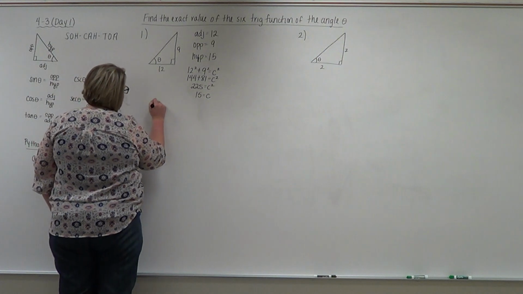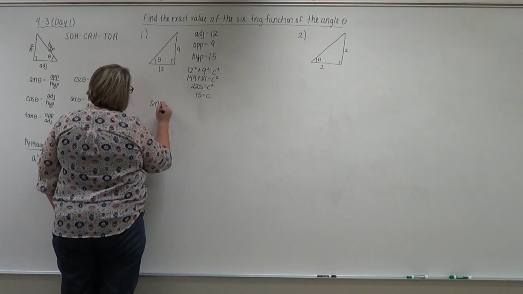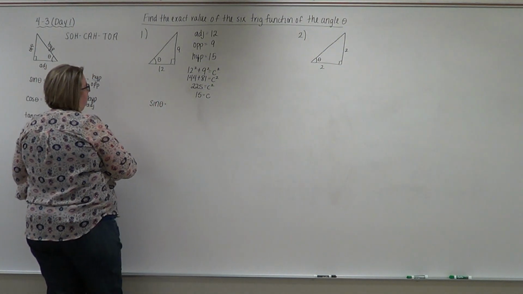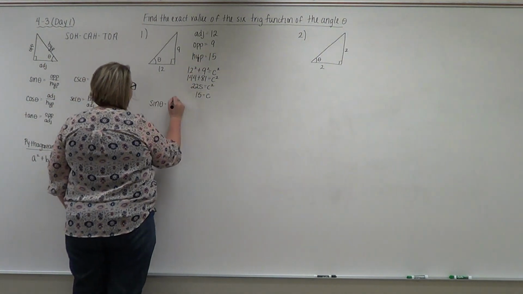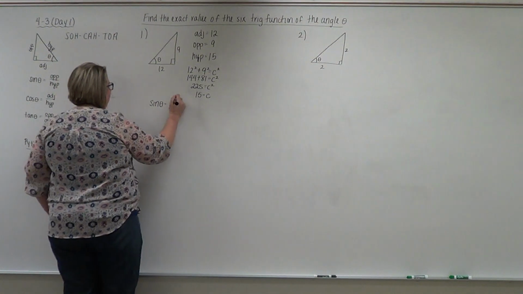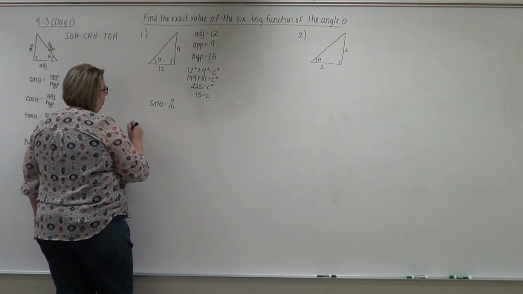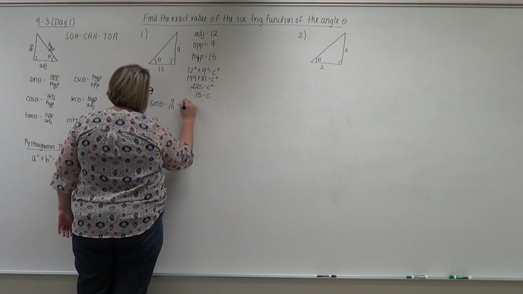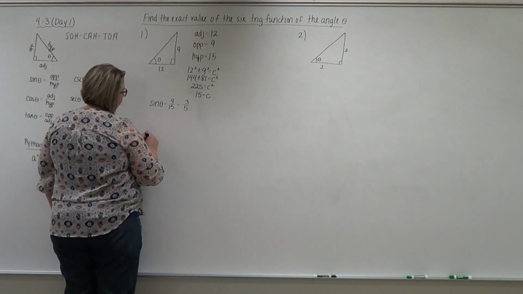So sine is the opposite over hypotenuse, so 9 over 15. Now this will reduce, because 3 goes into both of those, so this would be 3/5.